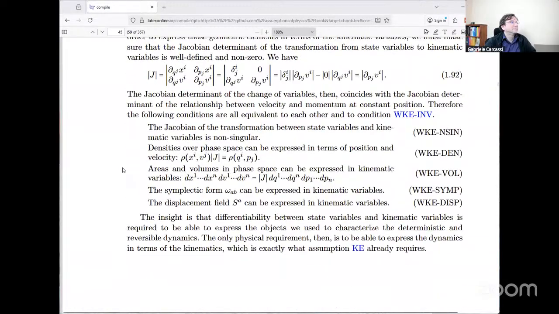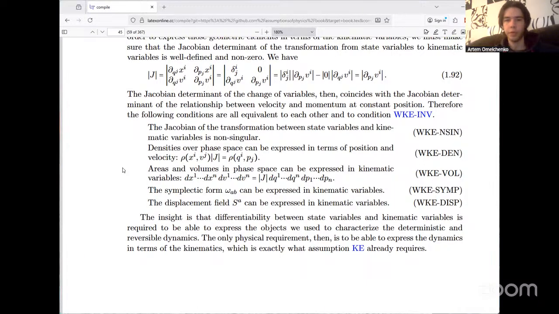The Jacobian of the transformation between state variables and kinematic variables is non-singular. Densities over phase space can be expressed in terms of position and velocity. Areas and volumes in phase space can be expressed in kinematic variables. The symplectic form omega can be expressed in kinematic variables. And the displacement field S can be expressed in kinematic variables.